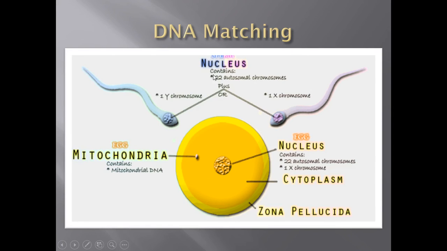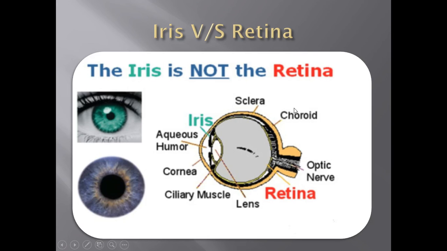The nucleus contains 22 autosomal chromosomes, and there is also mitochondrial DNA. So these are X chromosomes, Y chromosomes. All these combinations and biology match your DNA to what has already been kept somewhere. This is how DNA is matched.